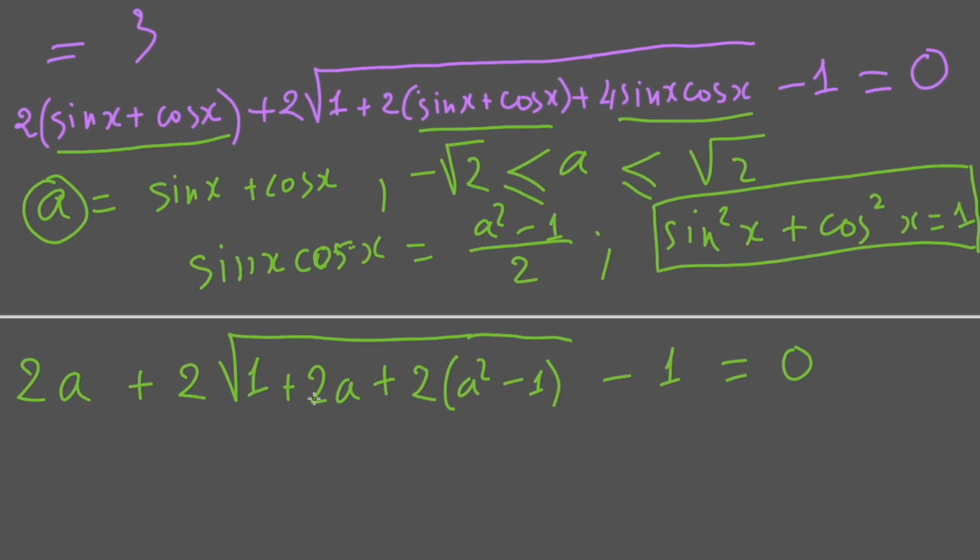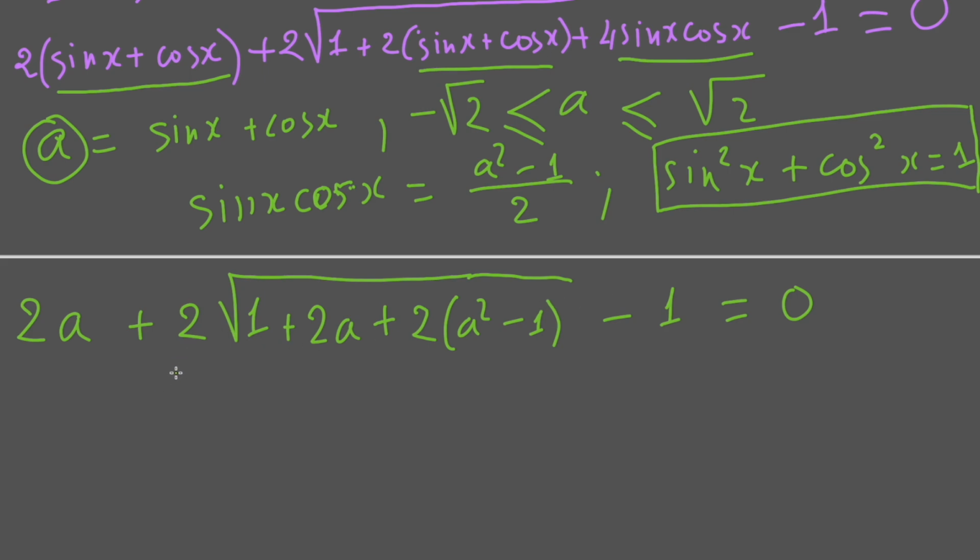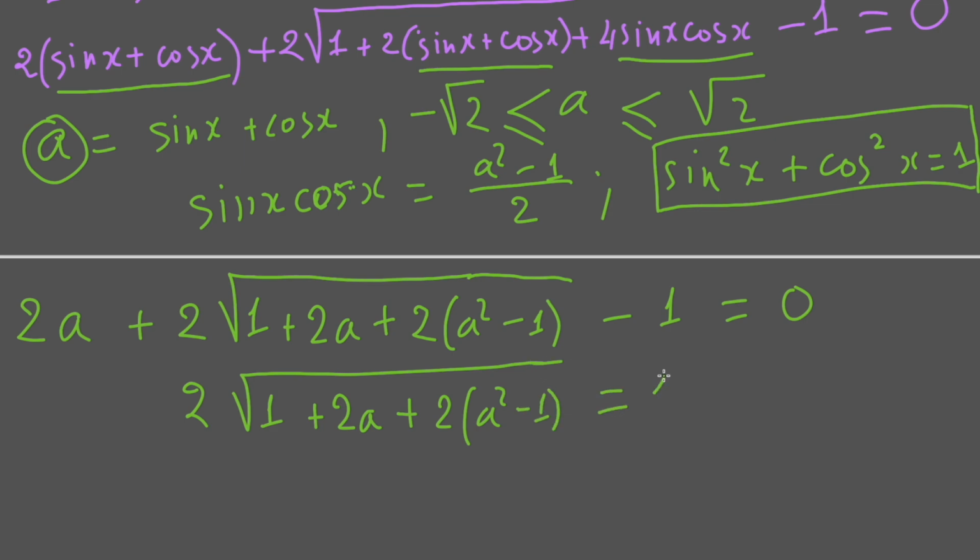Then we move the expression which has no radical sign to the right and keep the one with the radical sign on the left. And we have 2 square root of 1 plus 2a plus 2a squared minus 1 equal to 1 minus 2a.